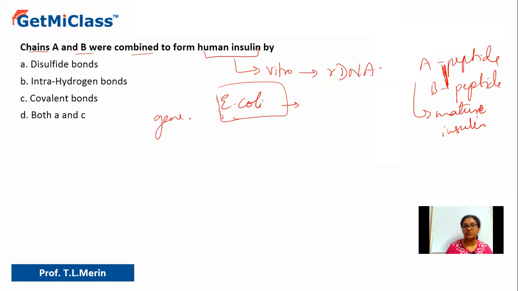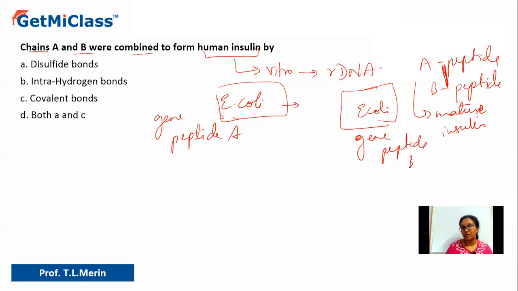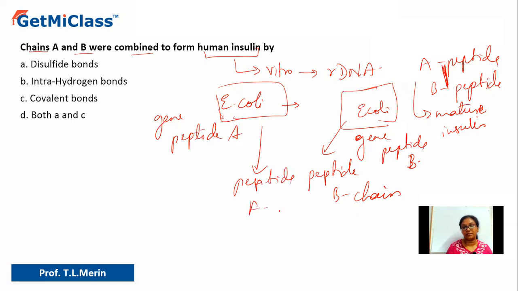they have introduced the gene for peptide A in one group of bacteria, and in another group of bacteria, another set where E. coli cells are there, they introduced the gene for peptide B. This group of E. coli will produce the peptide B chain, whereas this will give rise to the peptide A chain.